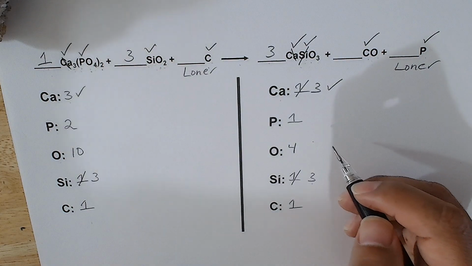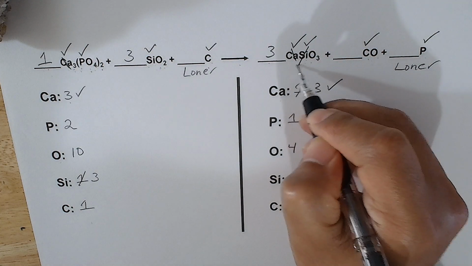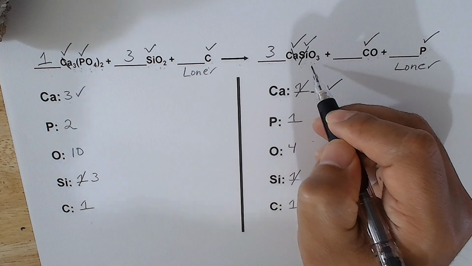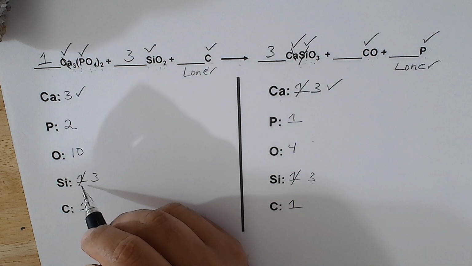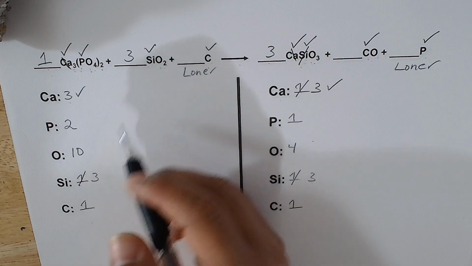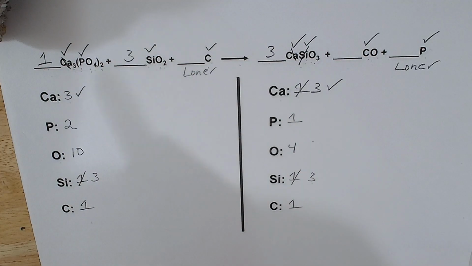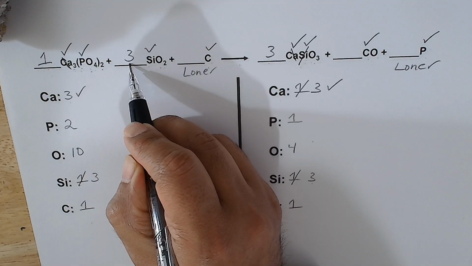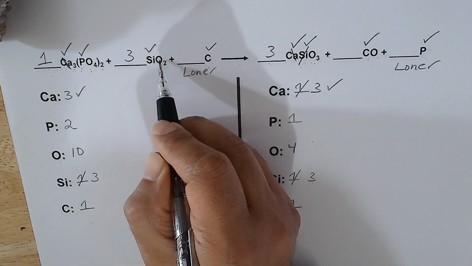So the next question is, can I continue with this compound? And the answer to that is no, because we have made a change in here. We have also closed in some elements where we now know how many total atoms we have. So, for example, notice that we added a 3, and when we added this 3, we locked in this compound.